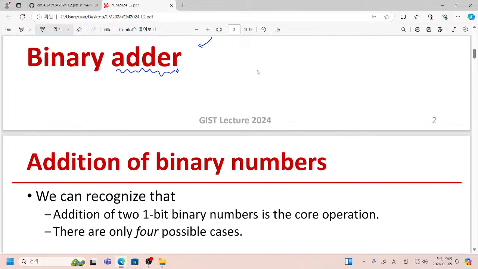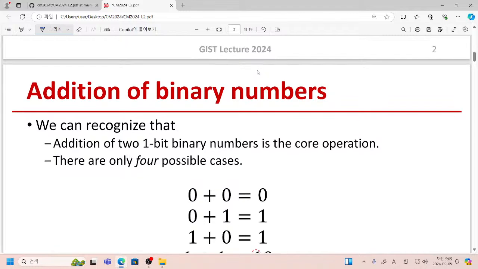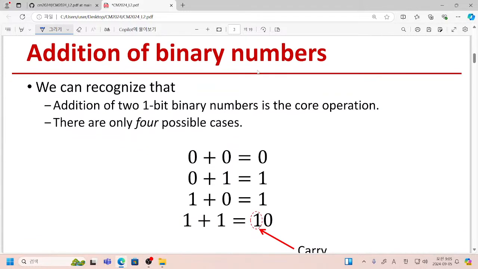If we are considering the sum of two binary numbers, we can easily recognize that addition of two 1-bit binary numbers is sufficient to implement, for example, 8-bit binary number addition.